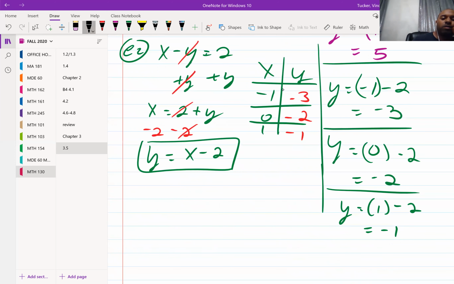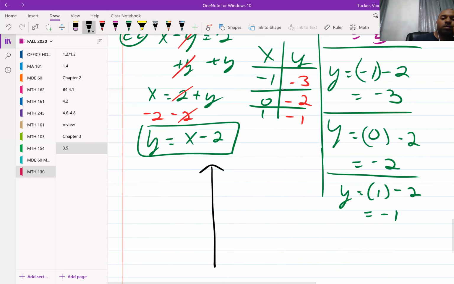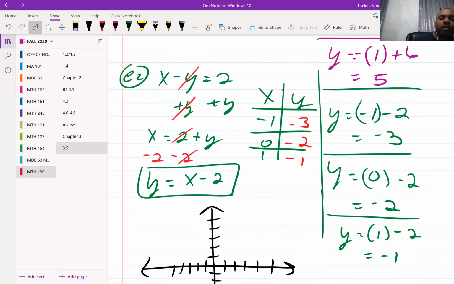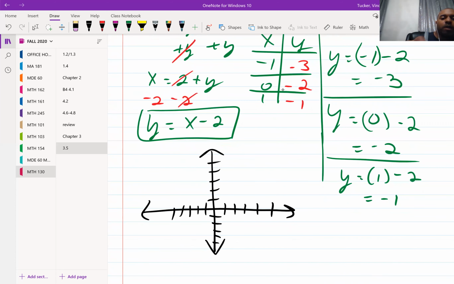All right, see what happens. All right, so I graphed my first line, got negative 1, 7, 0, 6, 1, 5, so I have to go up a little higher. I think I only went up to 5, 6.